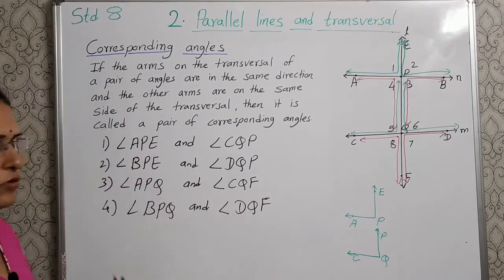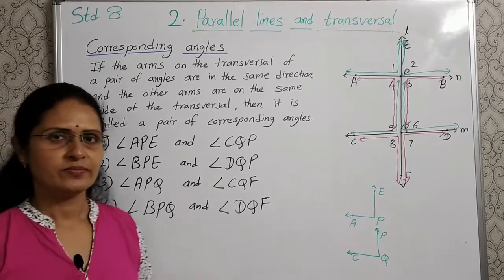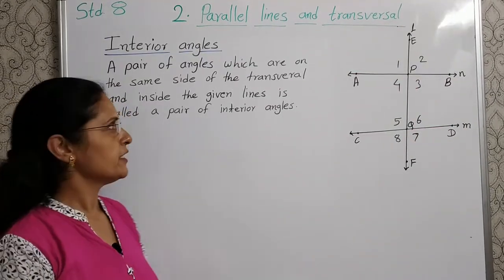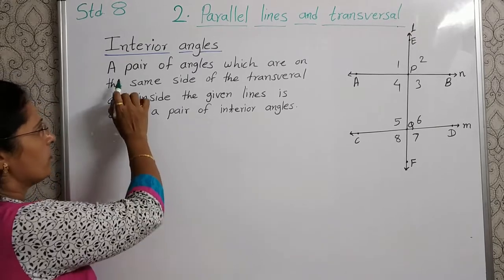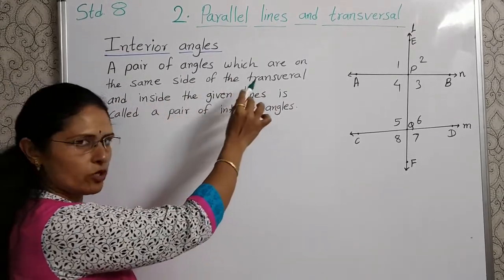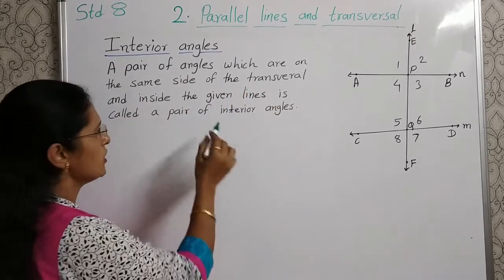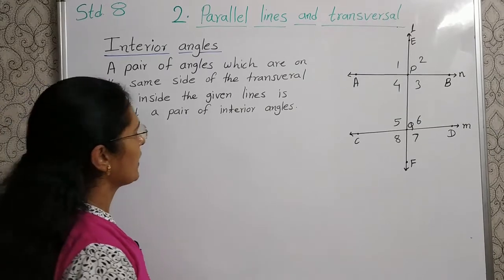So these are the four pairs of corresponding angles. Now we will see interior angles. A pair of angles which are on the same side of the transversal and inside the given lines is called a pair of interior angles.